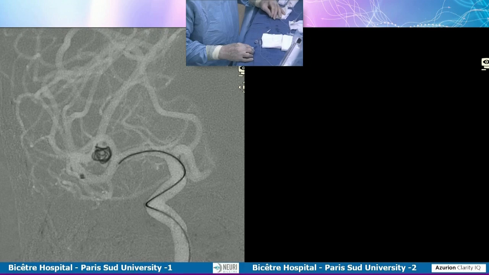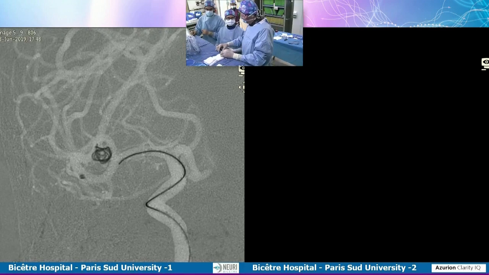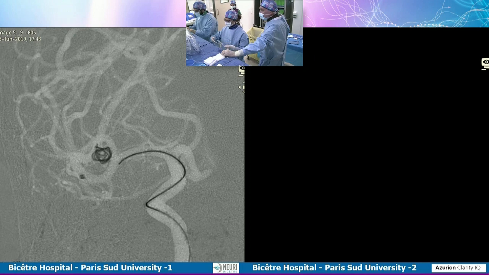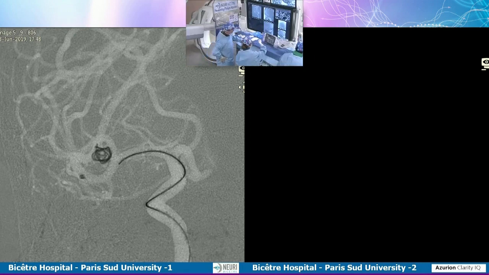So, okay. Remember, the aim of a flow diverter is to divert the flow. You understand this point? It's a very good message for everybody. A flow diverter is to divert the flow. The small aneurysm is placed really on the bifurcation.